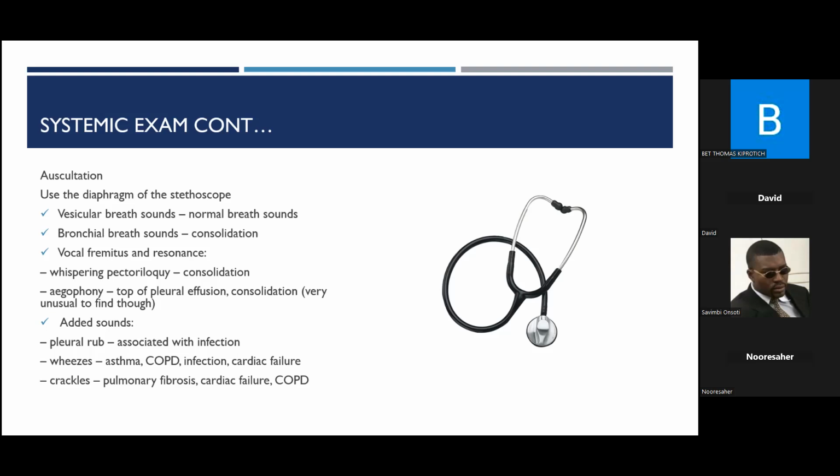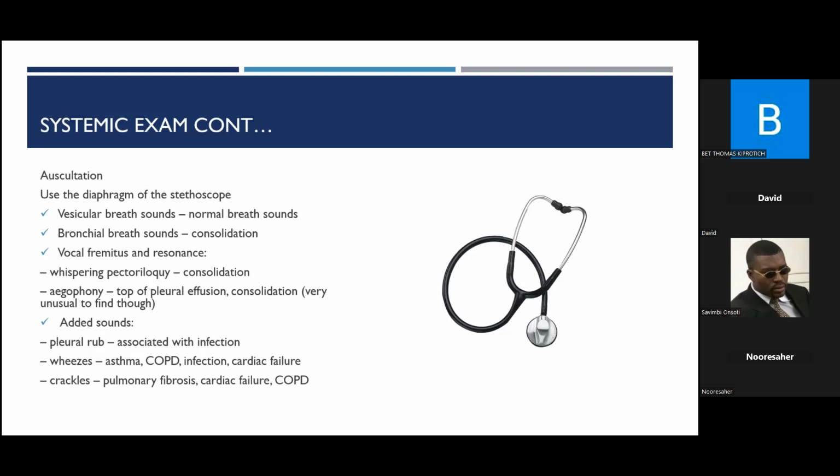If you guys have stethoscopes, you can just try it on yourself. Vesicular sounds are usually very quiet, and bronchial breath sounds are turbulent. For reference, you could auscultate your trachea to hear what a bronchial breath sound is like, and then check other areas of the chest for a similar sound.